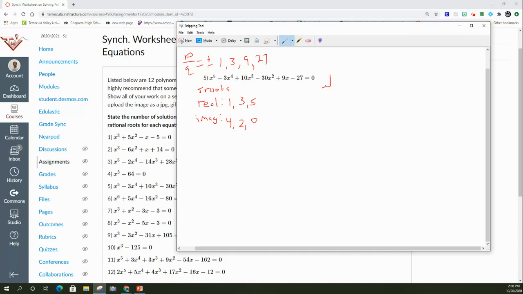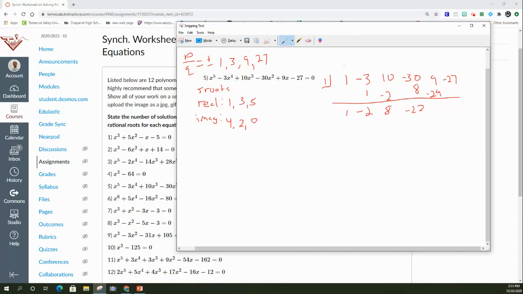And so I'm going to set up my synthetic division: 1, -3, 10, -30, 9, and -27. If I start with 1, just do some work real fast, 8, -22, -22.